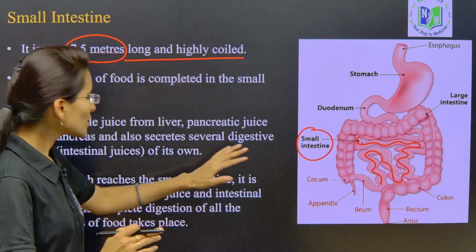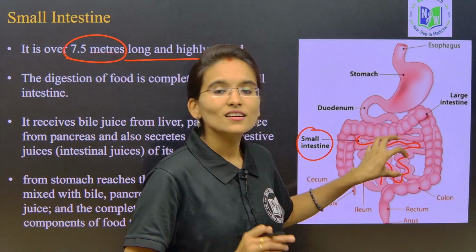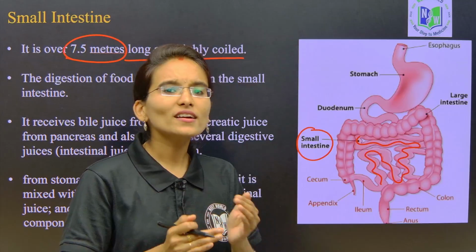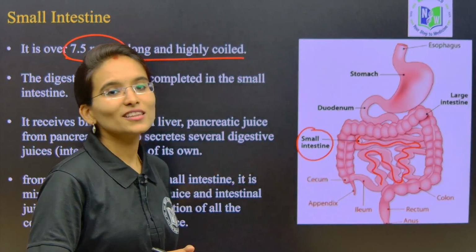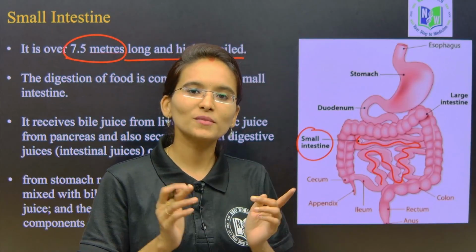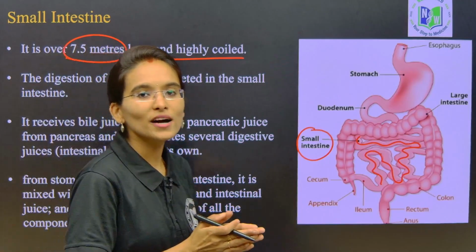Yes. So already we have learned about the liver and pancreas, right. So what does the liver secrete? Everyone answer me in the comment section: which digestive juice is secreted from the liver? So the liver usually secretes bile juice, right.